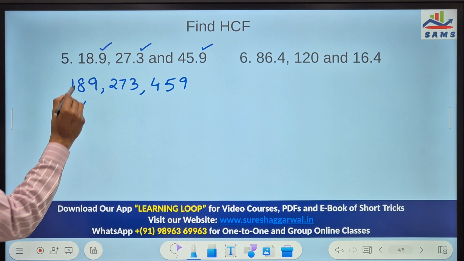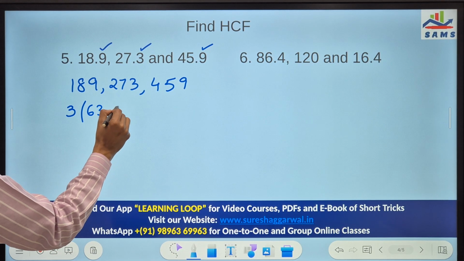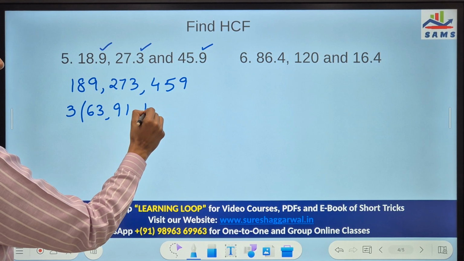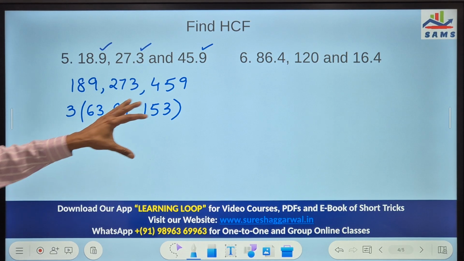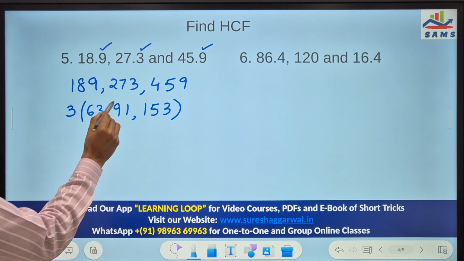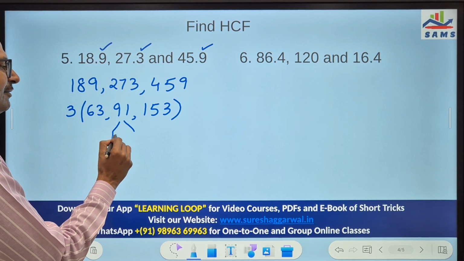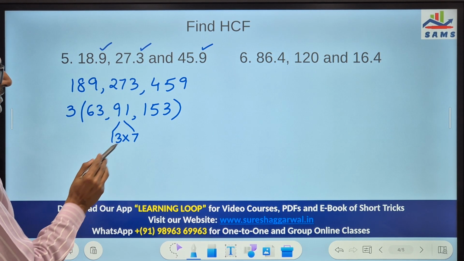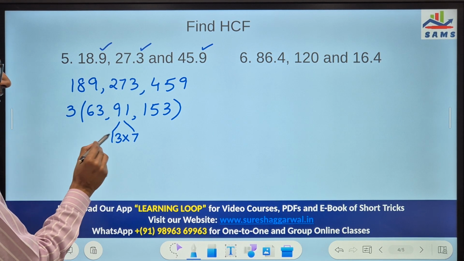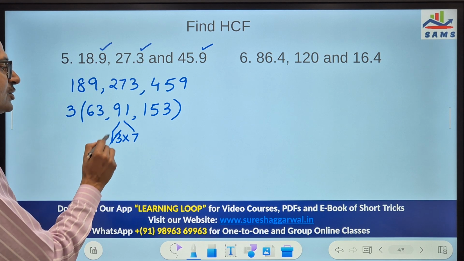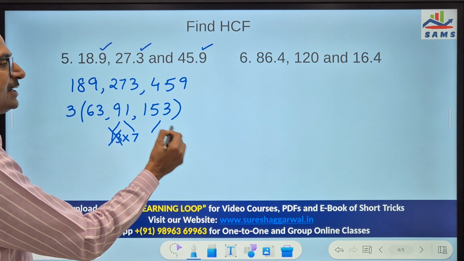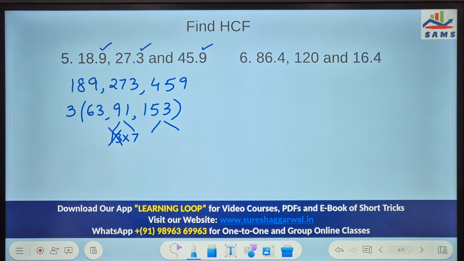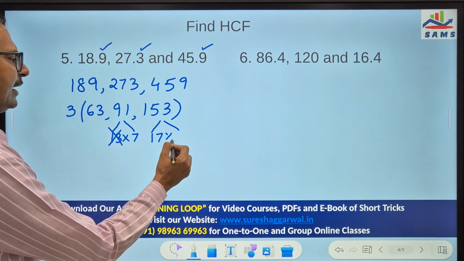So if you divide by 3, you get 63 here, 91 here, 153 here. Now, how do I check by which numbers are they divisible? 91 is 13 into 7, right? Now, 7 divides 63 correctly, but 13 doesn't divide 63. So 13 is ruled out. 7 can be a possibility. Let's see here 153. Now, if you see 153, it is 17 times 9.